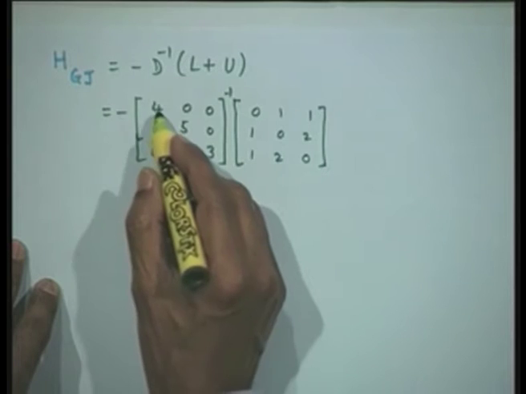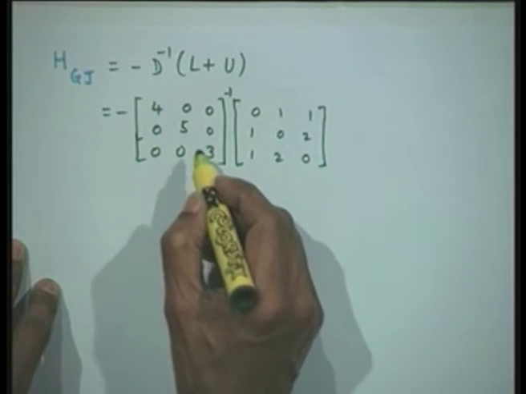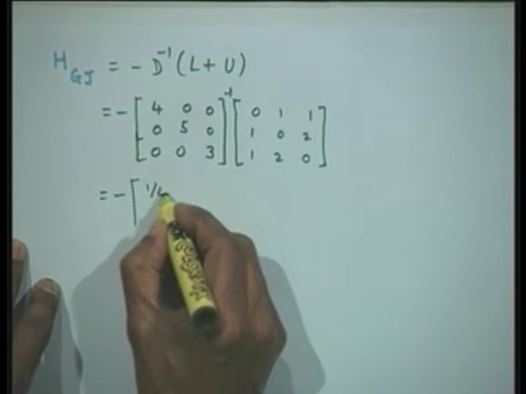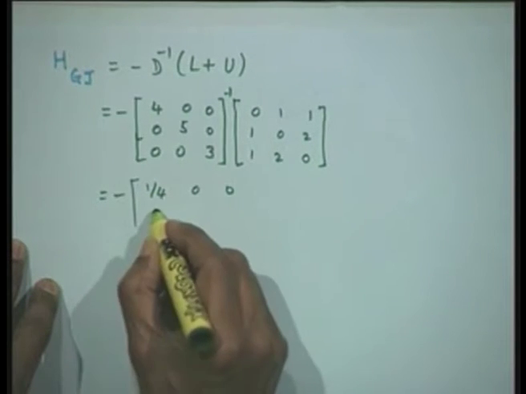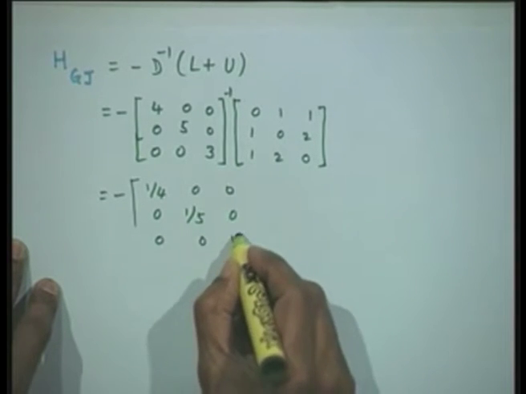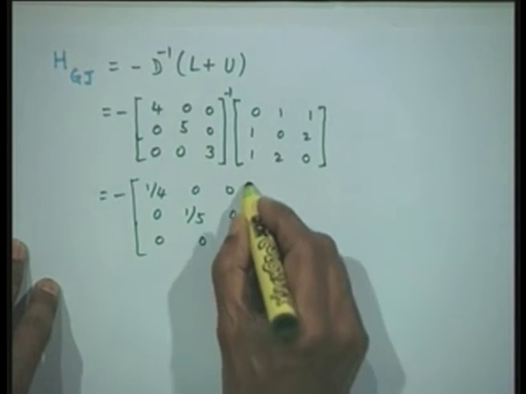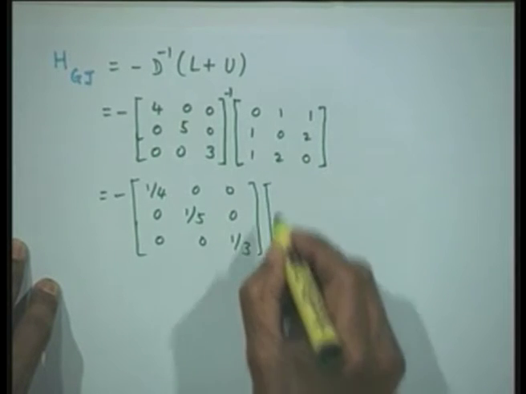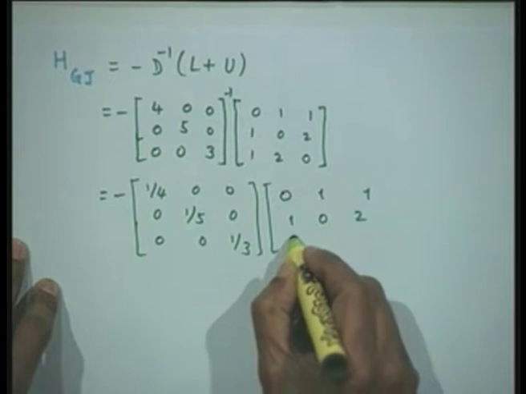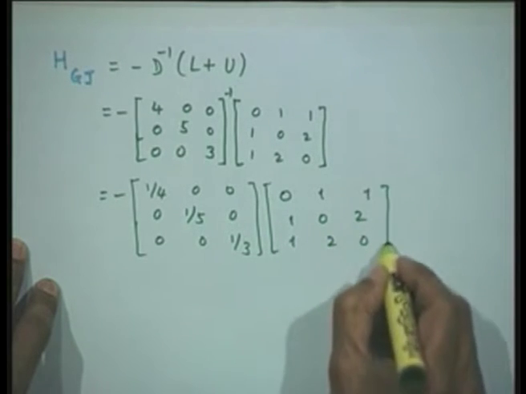Now, the inverse of D would simply give us 1 by 4, 1 by 5, 1 by 3 here. So, this gives me 1 by 4 0 0, 0 1 by 5 0, 0 0 1 by 3, and we multiply this by 0 1 1, 1 0 2, 1 2 0.